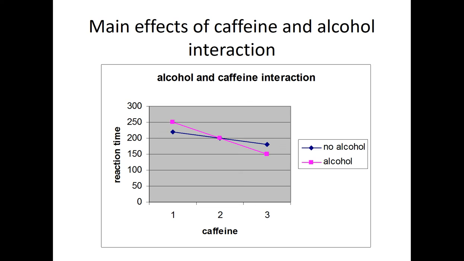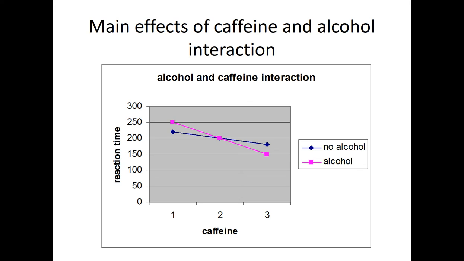With a little bit of caffeine, it doesn't matter whether you're drinking or not, it's the same number. And if you get a lot of caffeine, our alcohol group is actually outperforming you. It's doing faster. Okay, so obviously that doesn't make a whole lot of sense, right? Why would you ever do faster if you had a lot of alcohol in your system? But this shows us what it would look like if there was an interaction without a main effect.